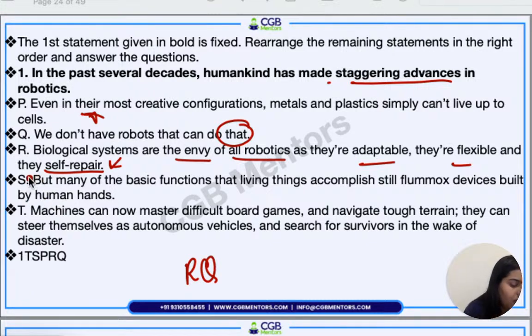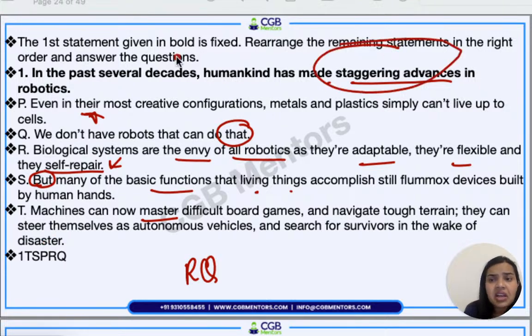S, pardon me. S says, but many of the basic functions that living things accomplish still flummox devices built by human hands. So 'but' is coming as contrast, right? If you see any positive, it will come before 'but'. Machines can now master difficult board games, navigate, they can steer themselves, survive. So it is all praise. Staggering advances.